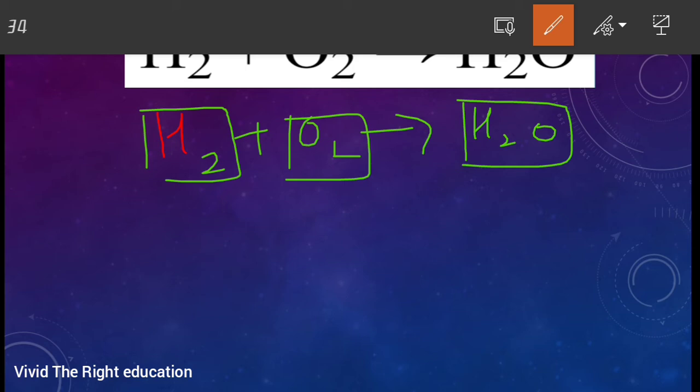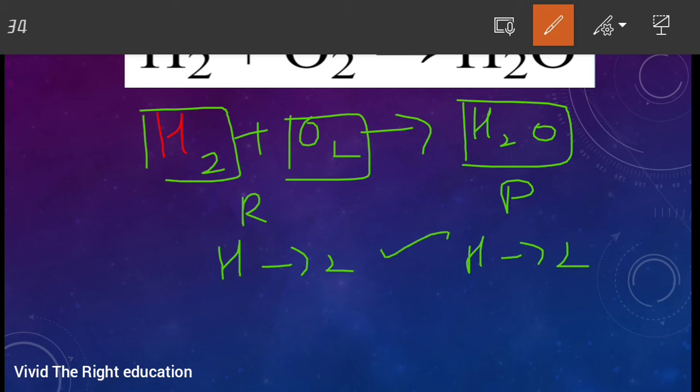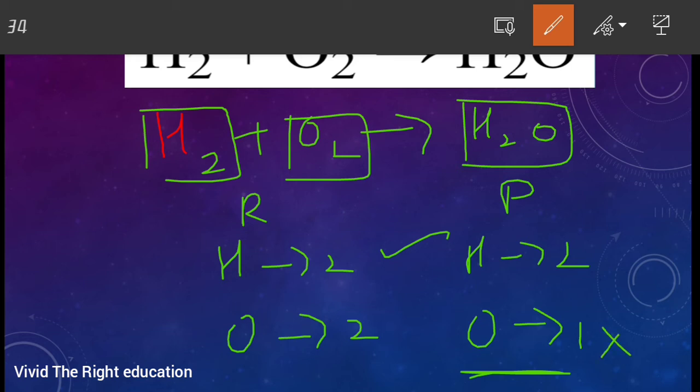So we'll go into that reactant and the product. How many do we have? Hydrogen 2, and here it is 2. It is equal. And oxygen, here we have 2 and here we have only 1, right? So now I need to balance the oxygen on the product side, correct? So 1 into how much if I multiply, I can get the number 2?